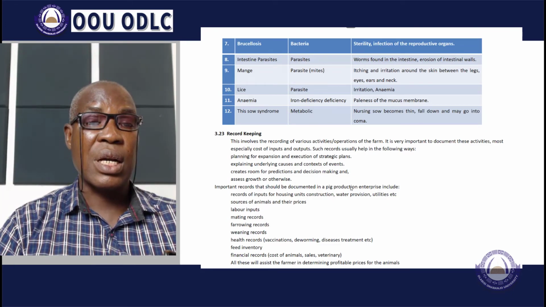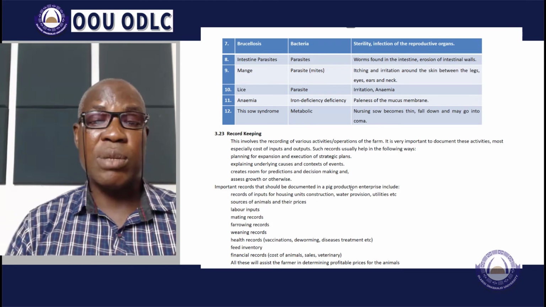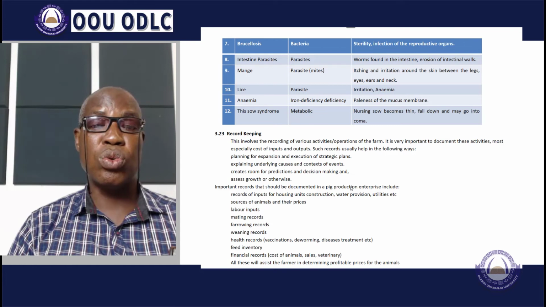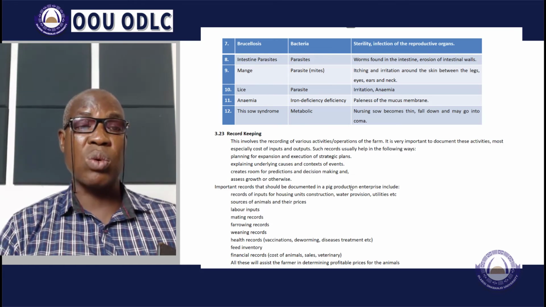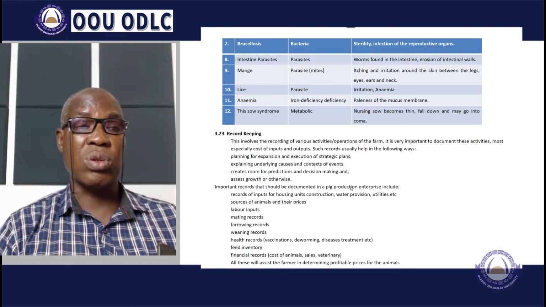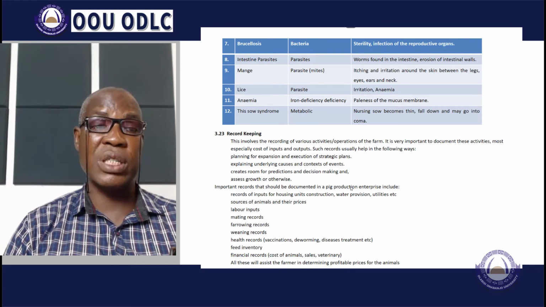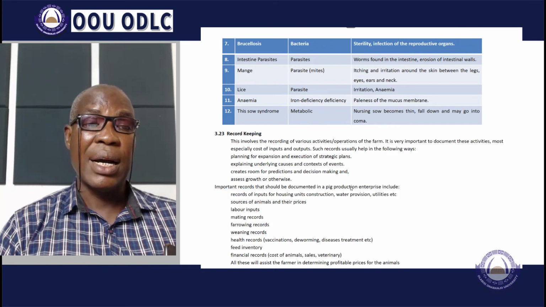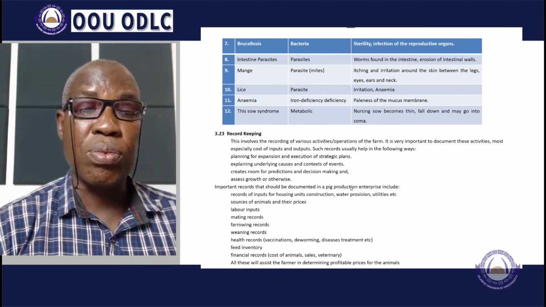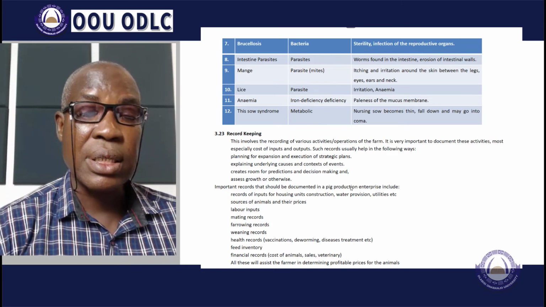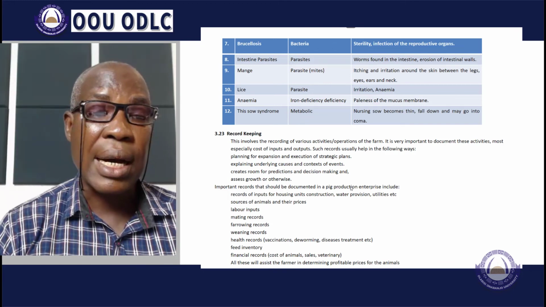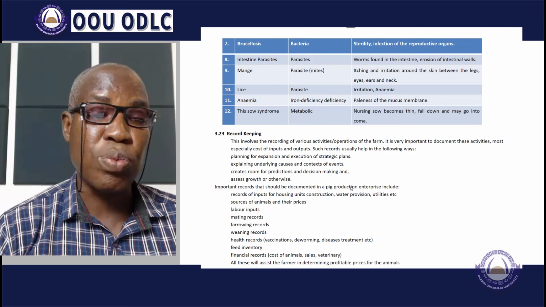Record keeping. I've said earlier that it is important that when we want to dispose of animals, we should be able to calculate all the costs involved so that we will have profit. Record keeping gives us this advantage, and if we are able to keep our records, it is going to be of great advantage to us, and then we'll be able to make good profit.